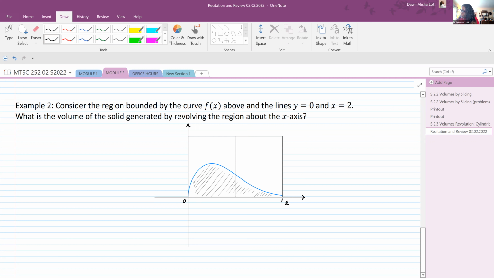Okay, so when I revolve it around the x-axis, I get something that looks like this. Okay, that's not too bad.